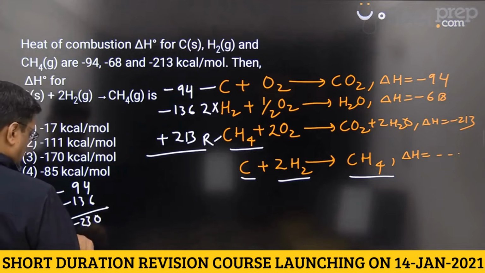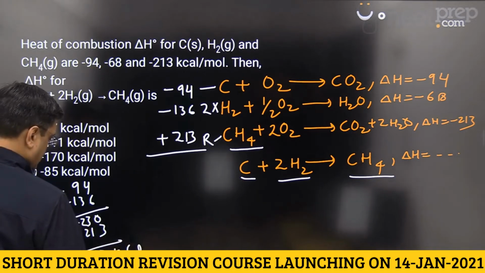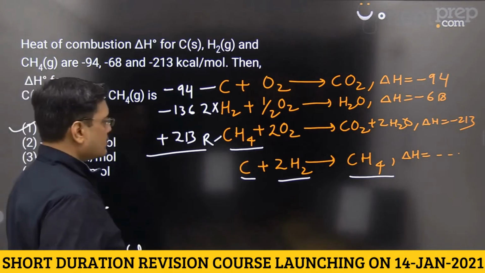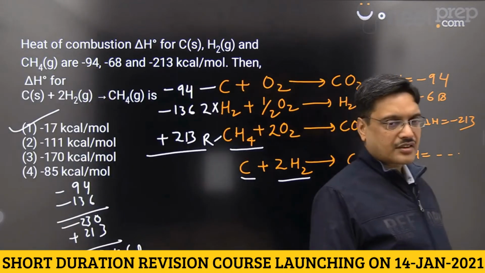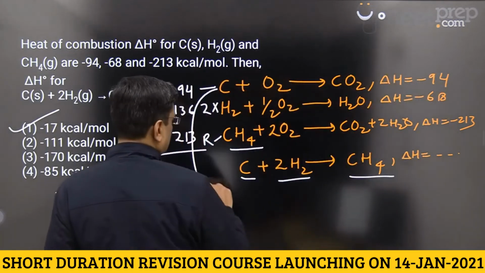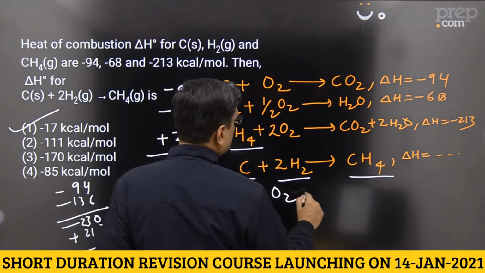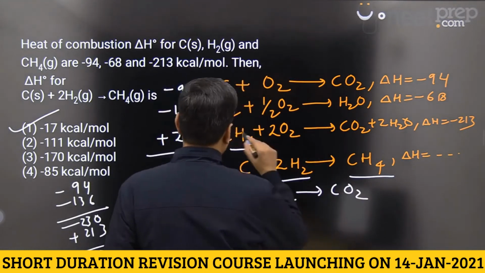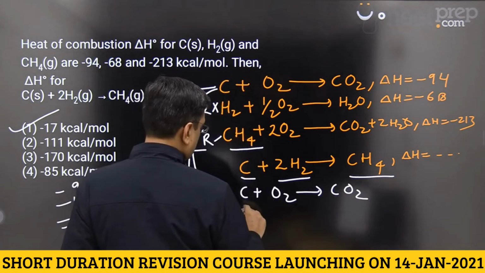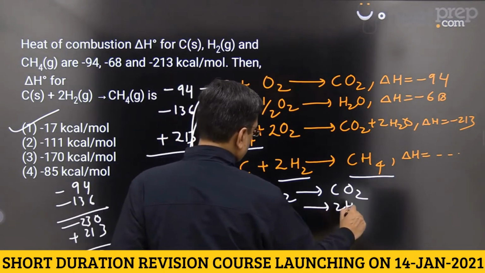So by adding these values we get the answer: plus 213 minus 94, see here, minus 136, add both, minus 230, and plus 213, that is minus 17 kilocalorie. Minus 17 kilocalorie per mole is the right answer. If you do this, then you get this equation. See here, C plus O2 is equal to CO2. If you multiply by 2, 2H2 plus O2 is equal to 2H2O.